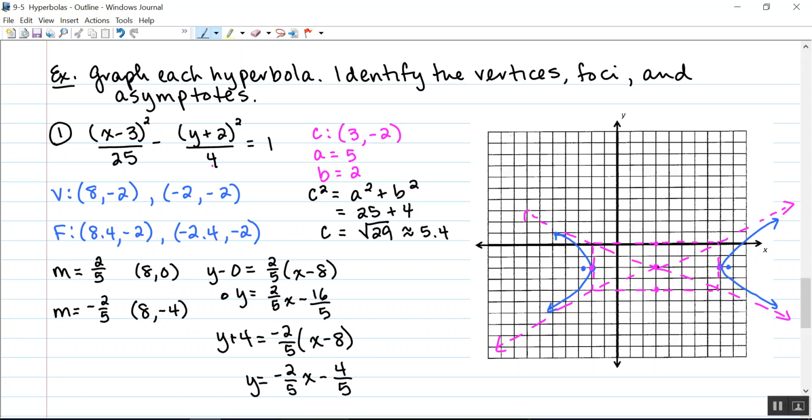So those are my equations of the asymptotes. I found my vertices, and I found my foci, and the blue line is the graph of my hyperbola.